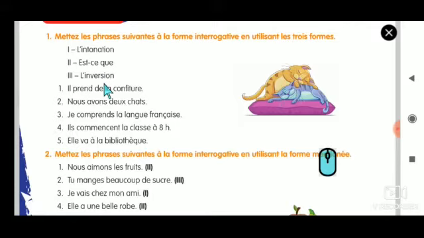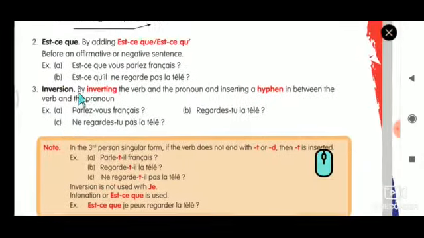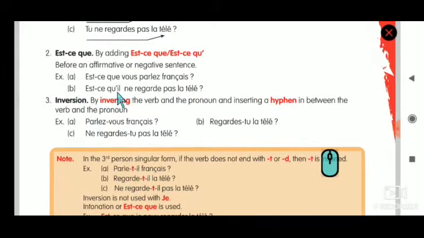Rapidly I will finish it. Intonation: just repeat the same sentence and put a question mark. Est-ce que: take this est-ce que and drop it here before the il and put a question mark. Since il starts with a vowel, you have to use est-qu'il, Q-U apostrophe, that is given here, est-qu'il.